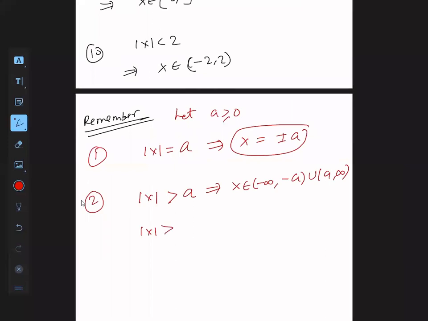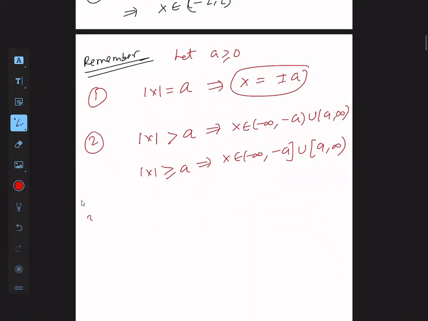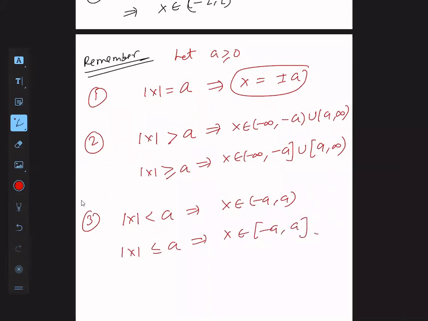If mod x is greater than or equal to A, then this is minus infinity to minus A closed interval union A to infinity, closed interval at A. Third point, if mod x is less than A, then x belongs to minus A to A. If mod x is less than or equal to A, then x belongs to the closed interval minus A to A.